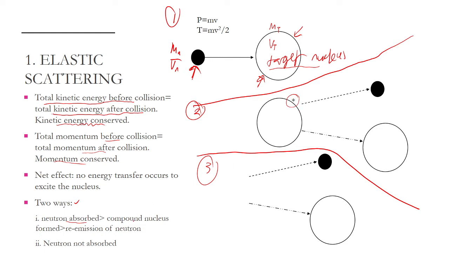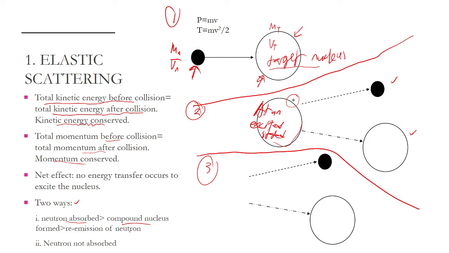This compound nucleus is in an excited state. After a moment, to return to its ground state, this nucleus emits a neutron and returns to its ground state. So that's the first way.